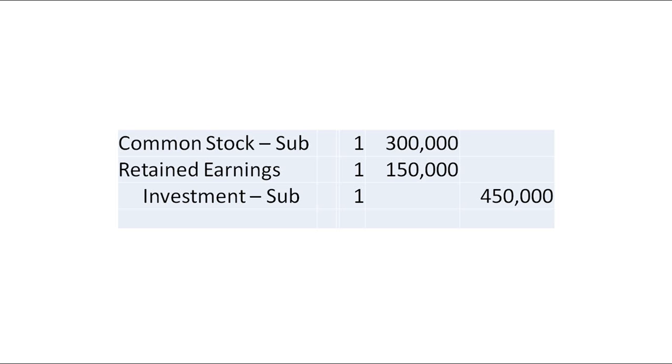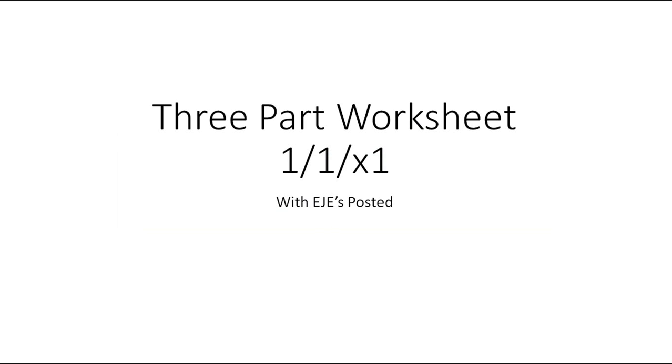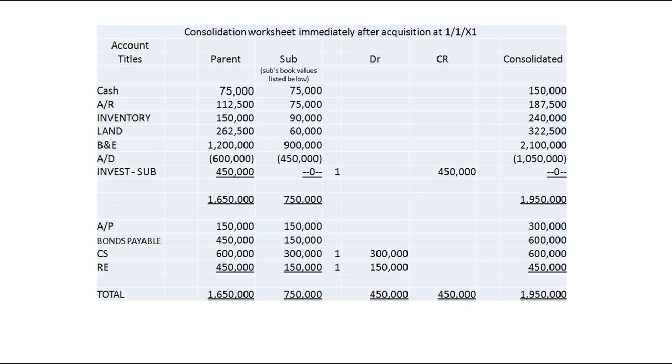In this instance, we have common stock of 300, retained earnings of 150, and we're going to debit those and then credit the investment sub for 450. Look at your book value computation. Those numbers from the book value computation play a role with this EJE. We made the EJE. Let's go ahead and post that EJE to our consolidated worksheet.